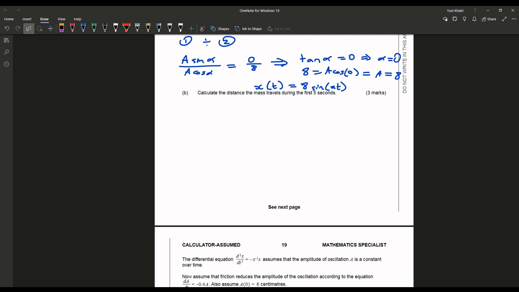Now part B says calculate the distance the mass travels during the first 5 seconds. Now for that, it's just the integral from 0 to 5. Since it wants distance, it's going to be the absolute value of the velocity function.